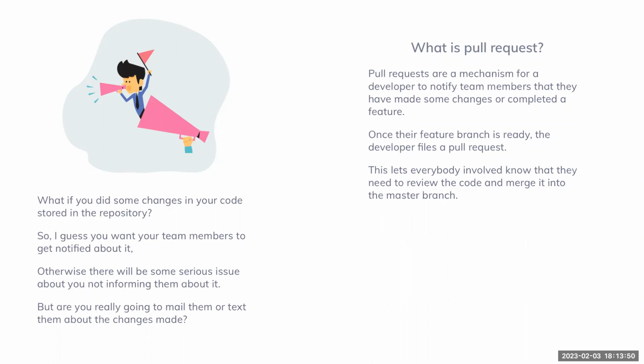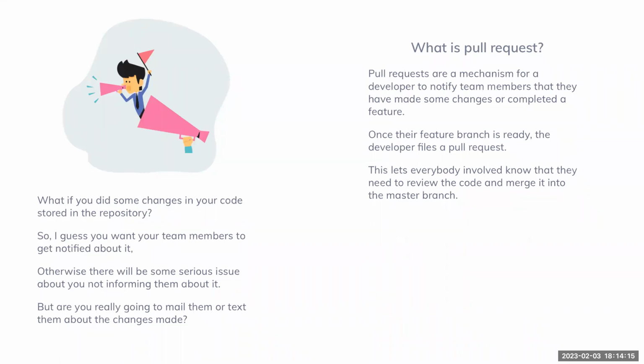Approval means they go through your code, kind of like the code review that we do. If the code looks good and satisfies the feature that we are working on, then they can approve that pull request.